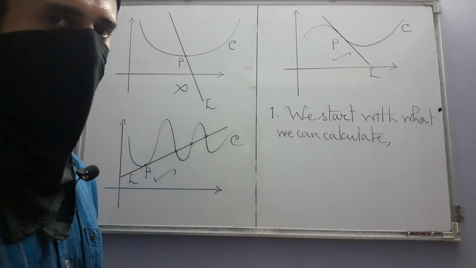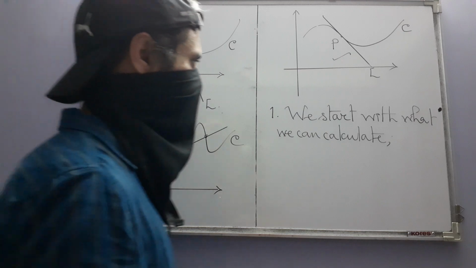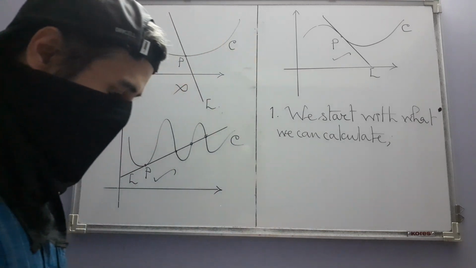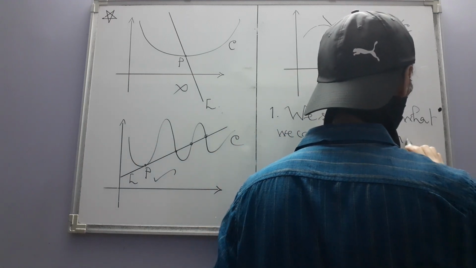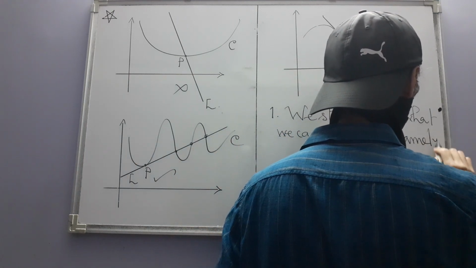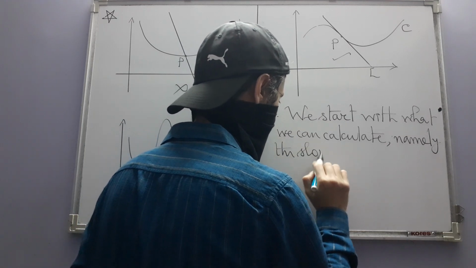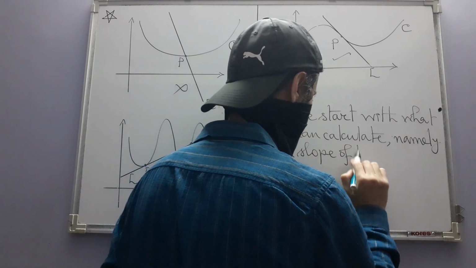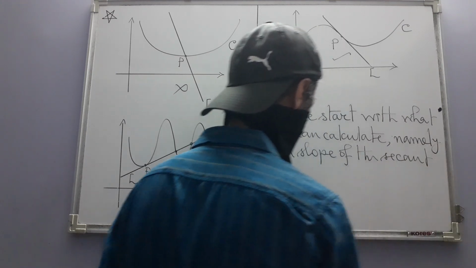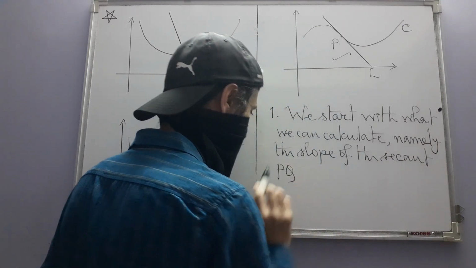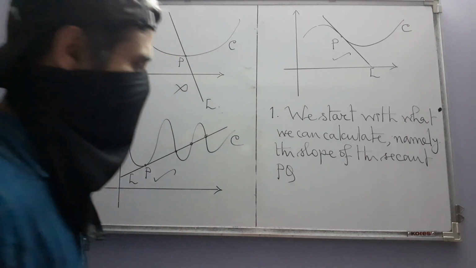We do not want to lose that, so I don't want to write this in my own words. We start with what we can calculate, namely the slope of the secant PQ. Well, of course, then you may ask what is Q?